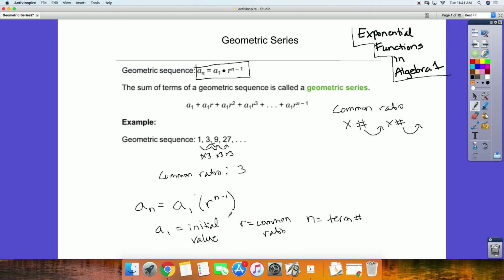So this formula lets you find any number in the pattern. So if I wanted to write this geometric sequence in the formula, I would say my first number is 1 times my common ratio that we said was 3 to the n minus 1 power. And once I have that, I could find any term number I wanted in that pattern by just substituting it in there.